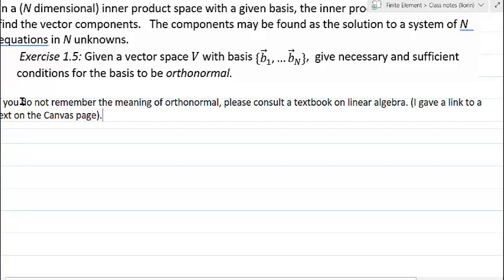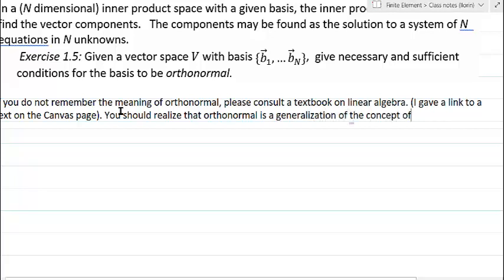I'm not going to say more about that, but the idea of orthonormal is a generalization of the concept of perpendicular. Realize that. And then, for example, the standard basis is orthonormal.